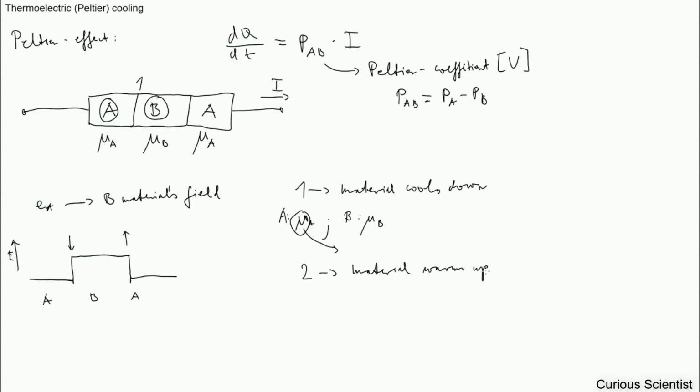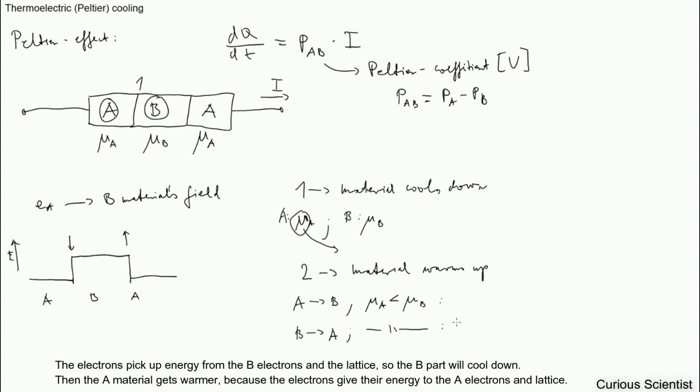So I don't know if I made it clear, but if you have a transition from A to B, and we also say that mu A is lower than mu B, then there is a cooling, and if you have B to A and we have the same, then you have warming.